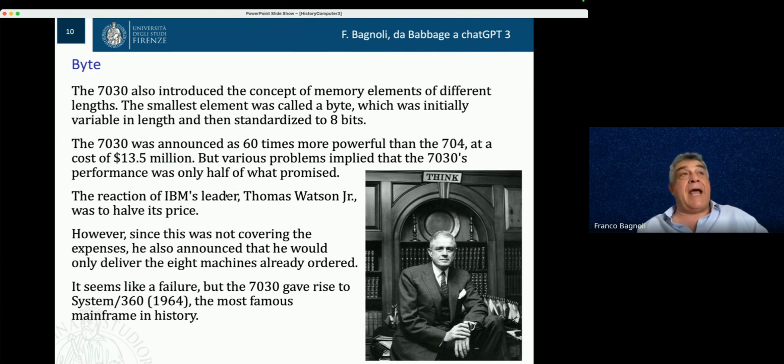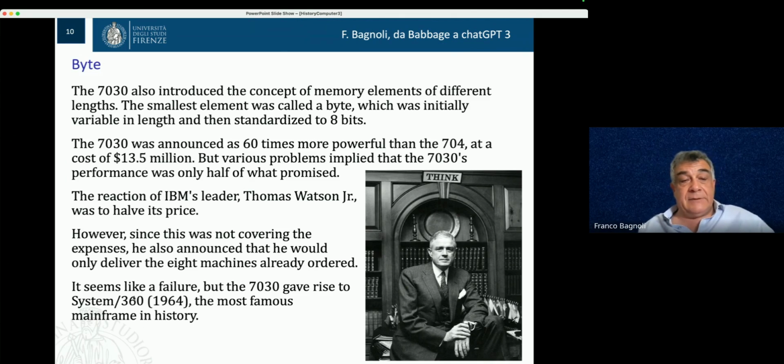And clearly the reaction, essentially a publicity action, was that he announced that the price was halved because of these performance issues. Clearly, since this meant losing money, he only delivered the machines already prepared and then stopped the delivery.